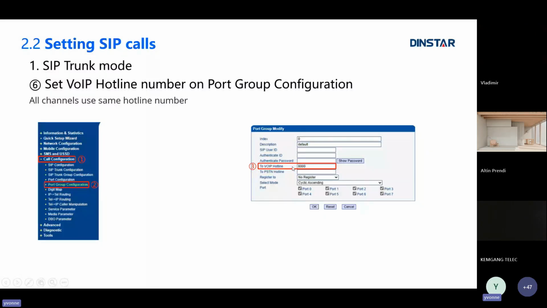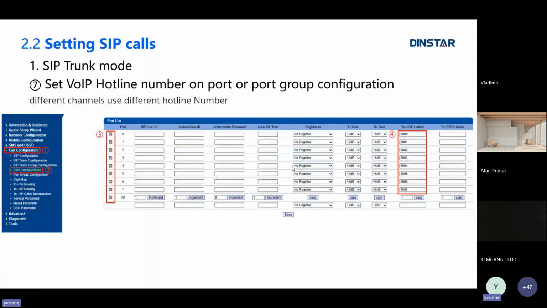And of course, we also support different channels using different hotline numbers. As the picture shows, we can set it in the port configuration, and each port can set its own VoIP hotline.